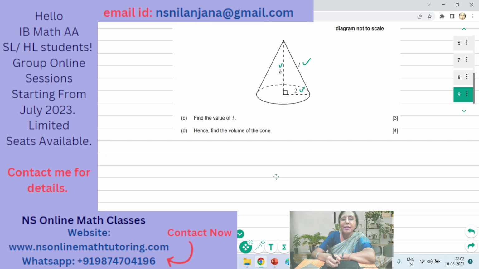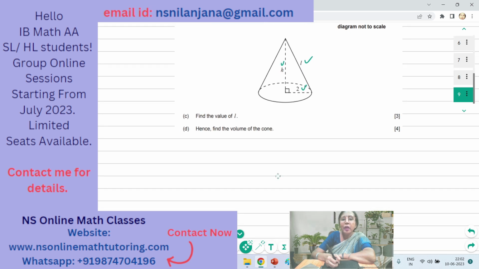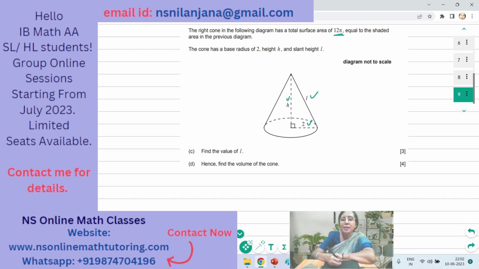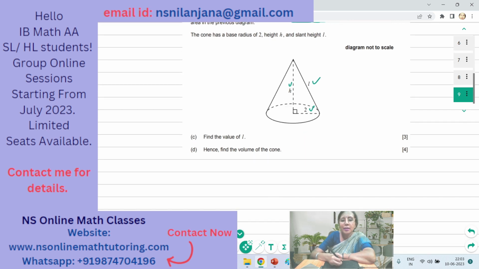Subpart C says find the value of L, and they have given us the information that the total surface area of this cone is equal to 12 pi. So what is the formula for the total surface area?